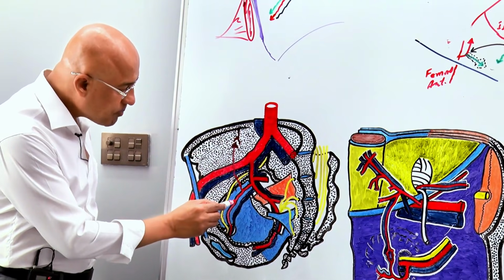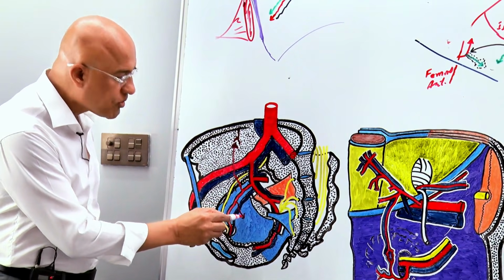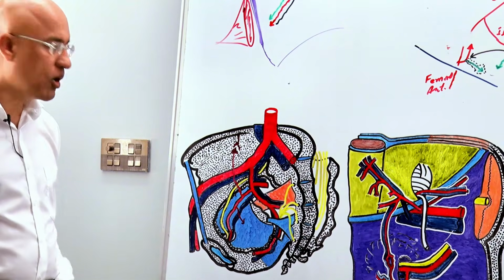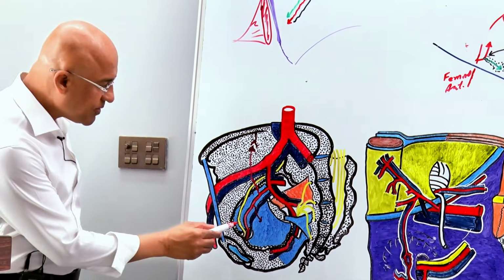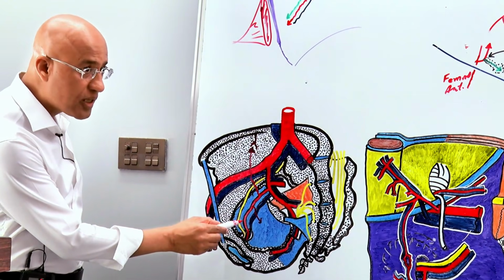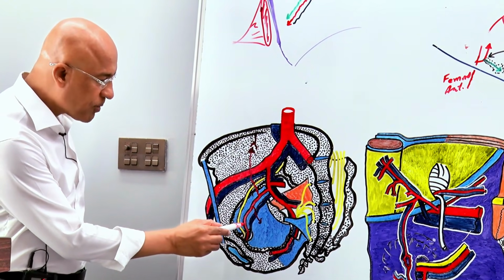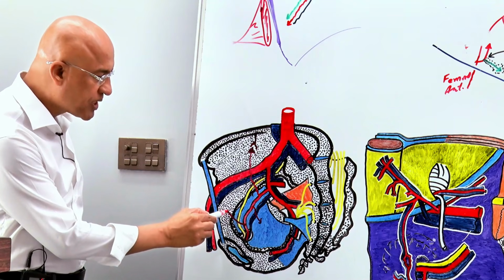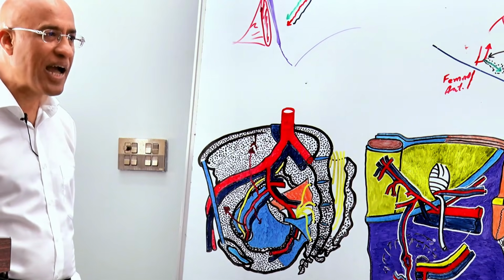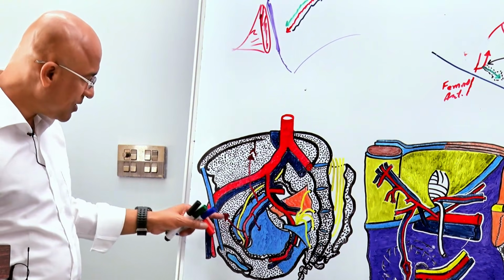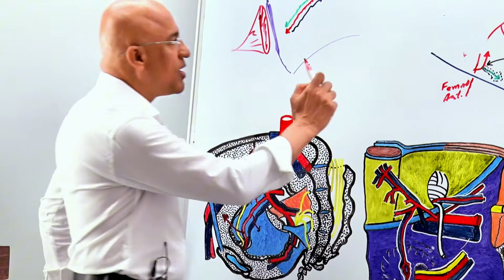Then it has one branch which is going down, and this is going to the bladder. We call it the vesical branch. Then just before leaving, it gives a branch to the pubic area, the bone on the back. Right? This is pubic. So how many branches?